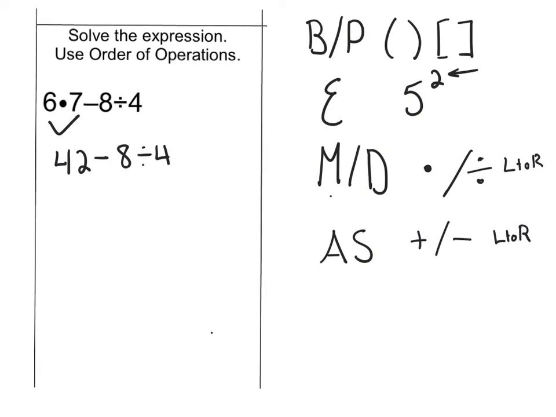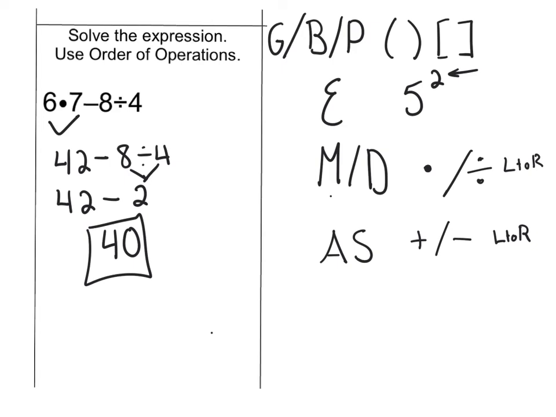Next, so I took care of the multiplication, but I still have division, so we need to take care of that as well. So 42 minus 8 divided by 4, which is 2. And then you have 42 minus 2, which is 40. Remember, with order of operations, you have to use PEMDAS or BEMDAS, or some people call it GEMDAS, just depending on what your teacher told you. They all mean the same thing.